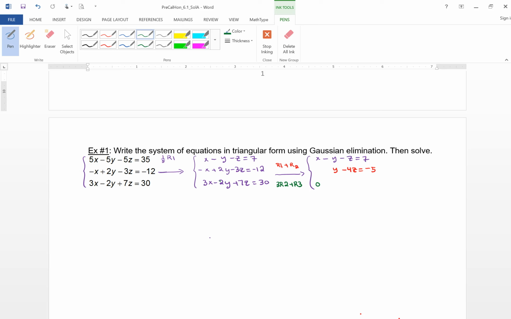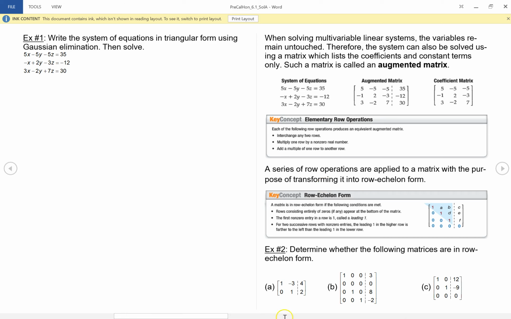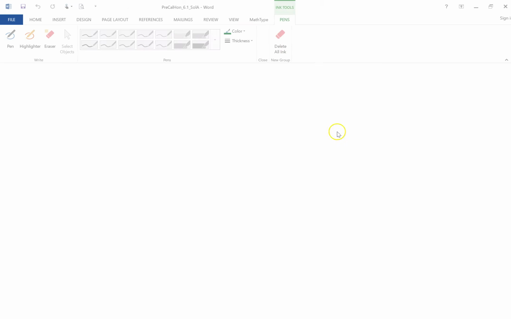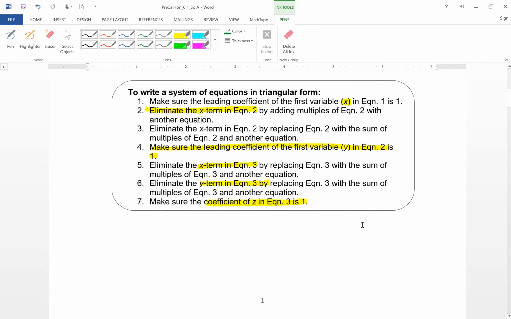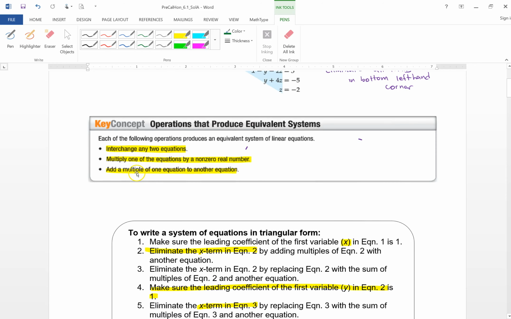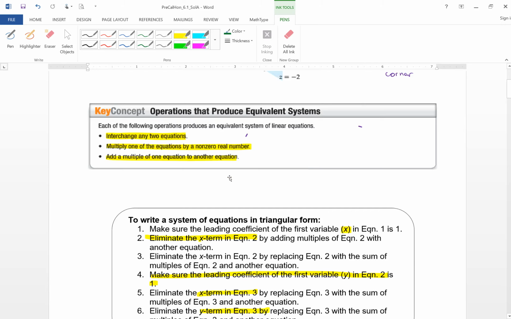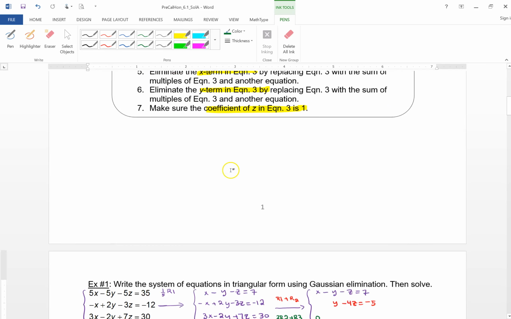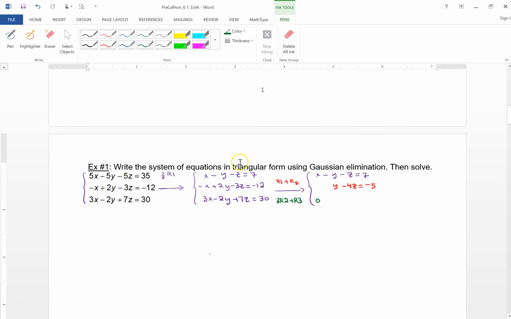Now I multiply this by 3. 3 times 2y is 6y minus 2y is 4y. It's one of the things that I'm allowed to do: add a multiple of one equation to another equation, and you can replace your equation. It's like the coolest thing in the world. So this is what we have Gauss to thank for.